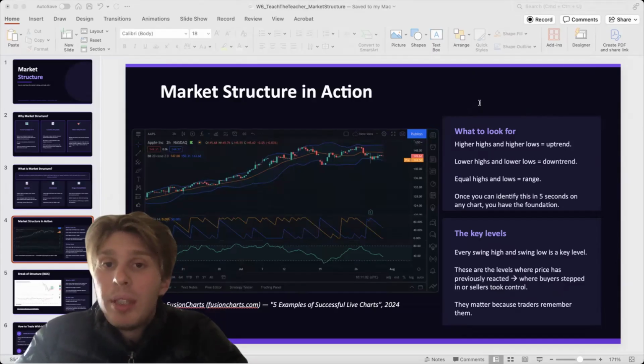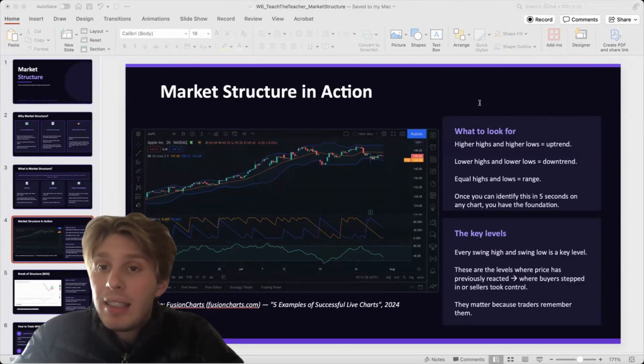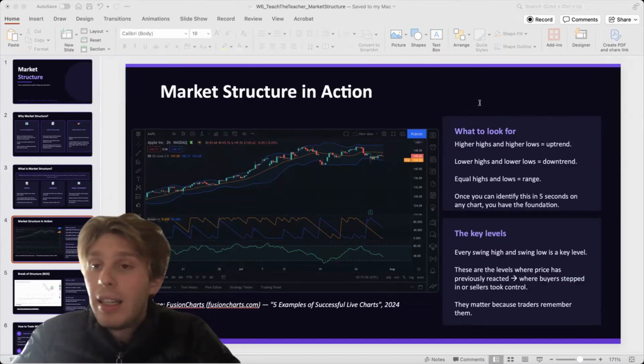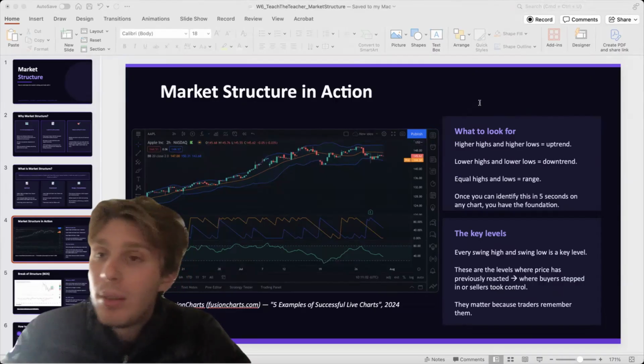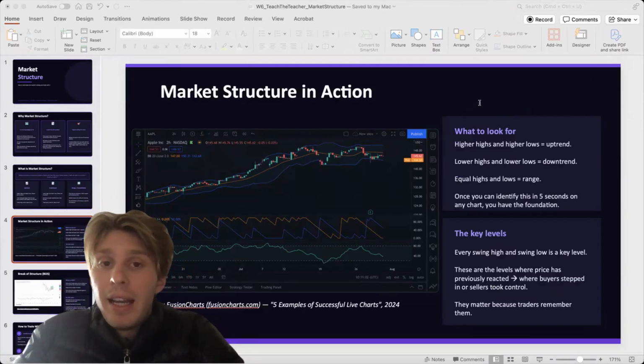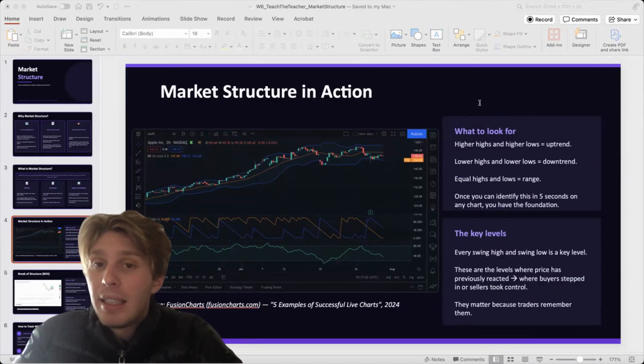So the swing highs and swing lows are the main face of the market, no? Of how the market is feeling. Every time price makes a new high, buyers will buy more, and every time it makes lower lows, it will go lower.